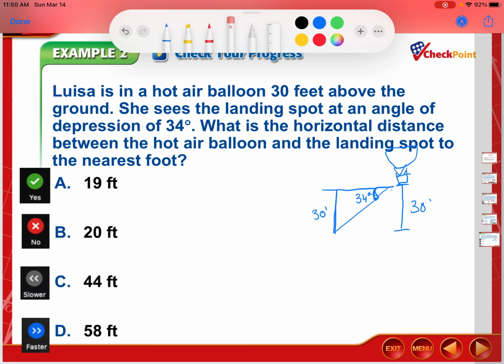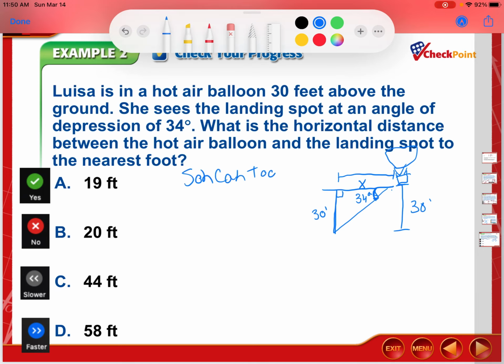So backspace that a little bit. Okay, so in our triangle we have drawn right now, we have a 30 feet vertical distance. We have a 34-degree angle of depression. And then we have an unknown distance from the hot air balloon to straight above the landing area.